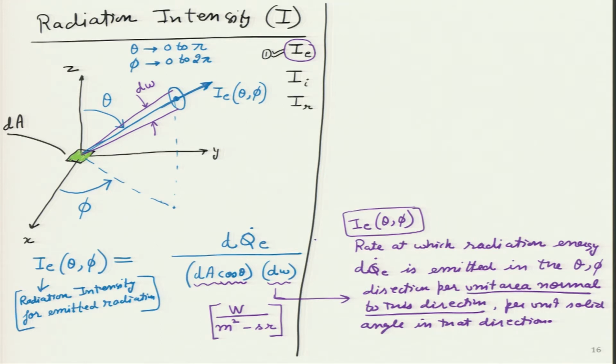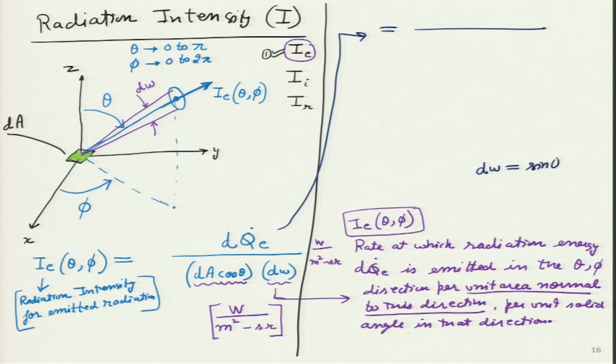So, in the numerator we have watts, in the denominator we have meter square and steradian, which means I can write one more thing over here. I can introduce the expression for d omega. You remember d omega was simply sin theta d theta d phi, which means I can express it in these terms.